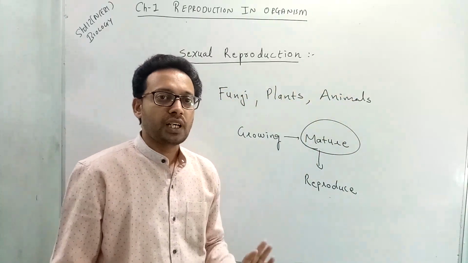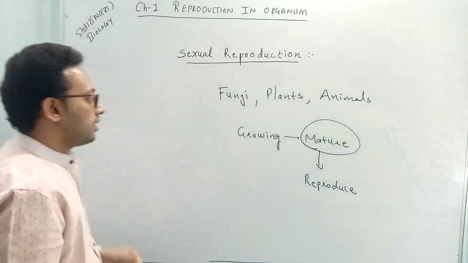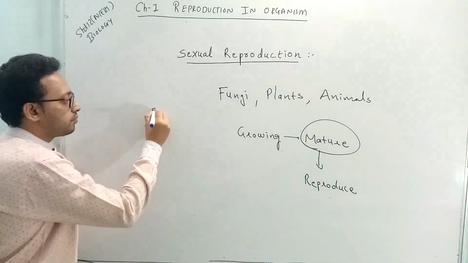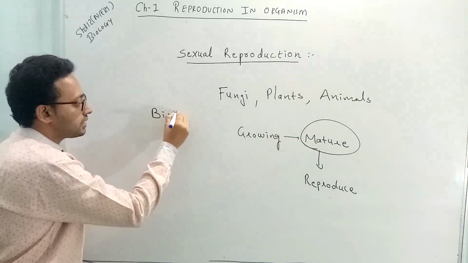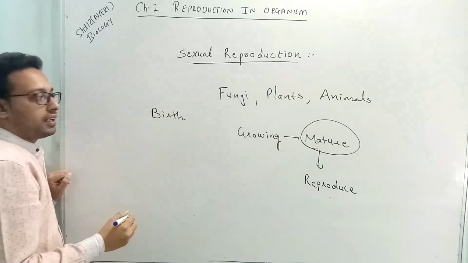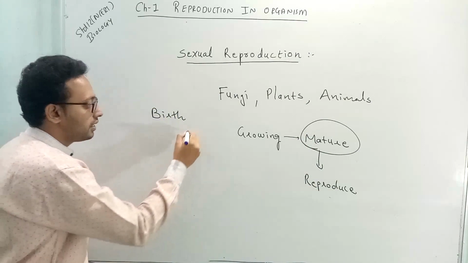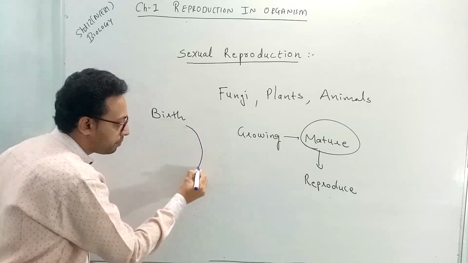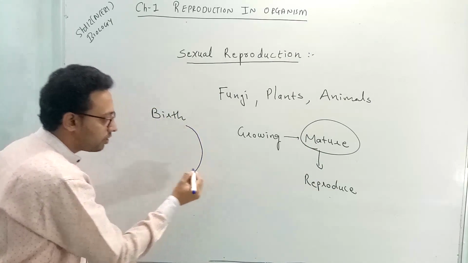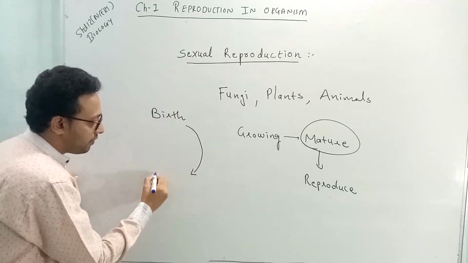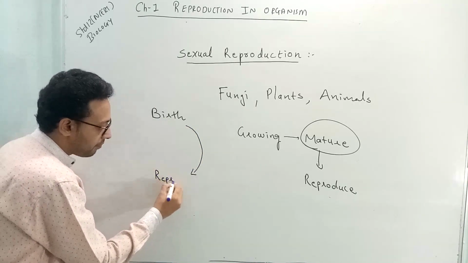So if you look at the basic characteristic of any living organism, first the living organism is produced, which we call birth. After birth, it will grow up and become mature. After maturity, it will reproduce.